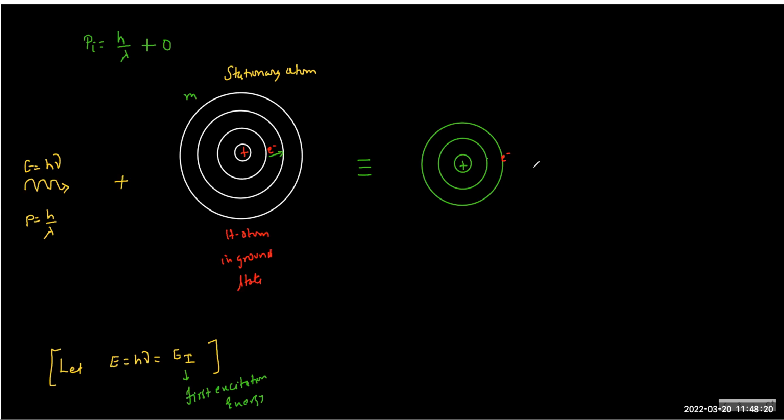If I assume this event happened, that h nu came and is now absorbed, and now we have this new atom in this particular state, what are we violating here? Because now you are saying the momentum is zero, because the electron has gone into transition and the atom is at rest. If we make this assumption, then what mistake are we making? The mistake is we are violating the conservation of linear momentum. Do you realize this, the violation part?